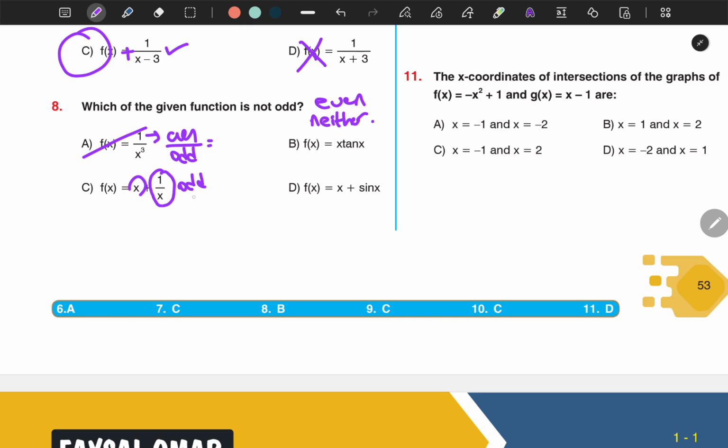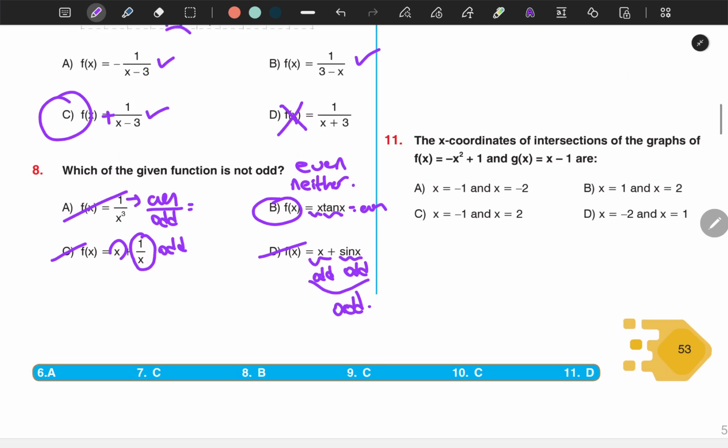Odd plus odd, what will it be, guys? Again odd. When you look at it, sine is odd. X to the power of 1 is odd. Odd by odd will be what? Even. So eliminated. Here X is odd, tangent is odd. Odd times odd will be even. So which means B is my answer.